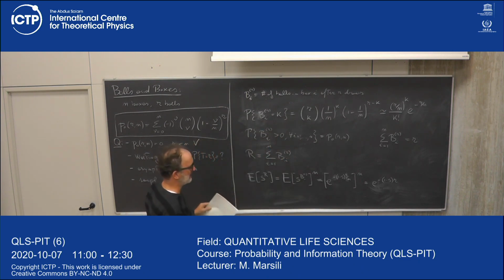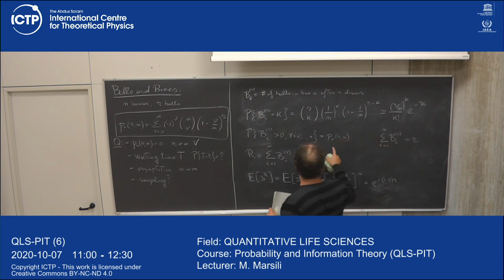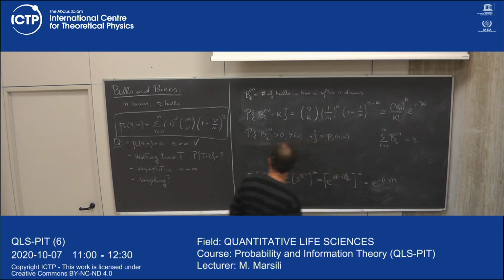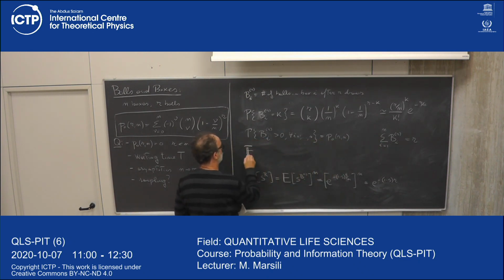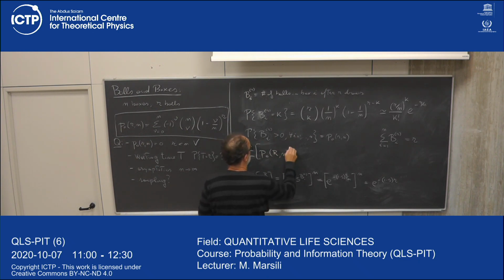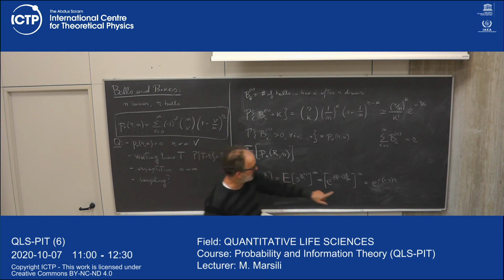And what happens in this approximation when we compute the expected value of this probability, where R now is a random variable with a Poisson distribution with mean equal to R. Okay?